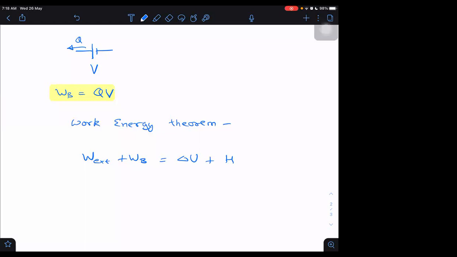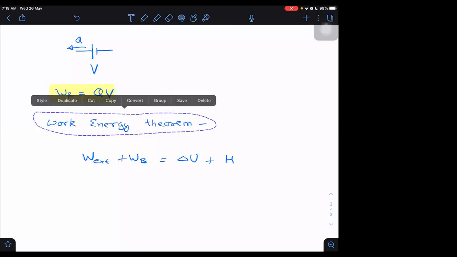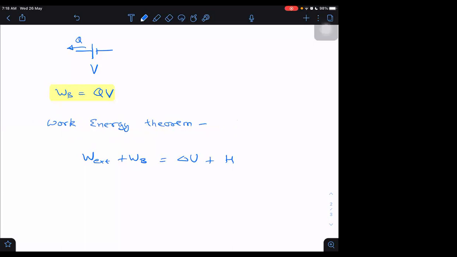Normal work energy theorem, which you remember from the earlier classes, we used to write in this way: net work done is equal to change in kinetic energy. That change in kinetic energy we could also add here if you want. But in a circuit normally the circuit remains stationary and the kinetic energy is not changed, although that may not always be the case.